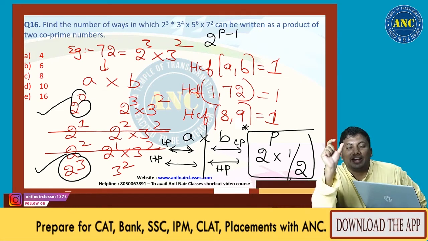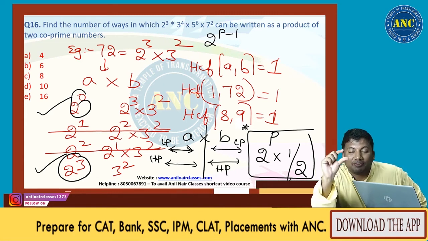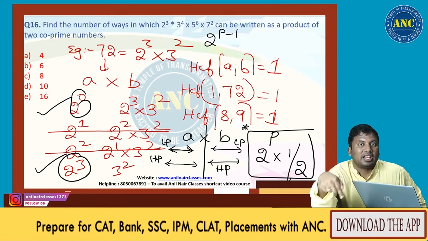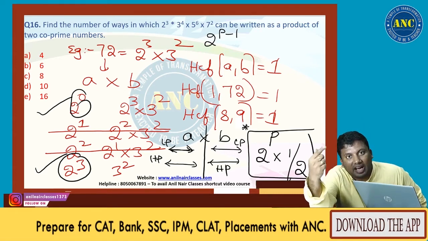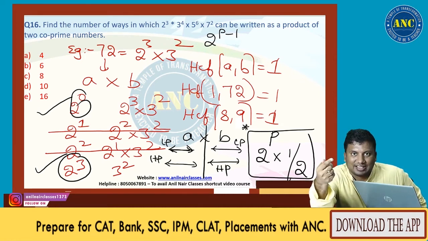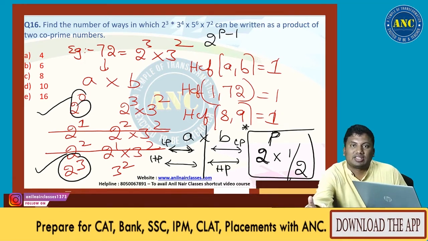If I take the number as a product of two co-primes, the first variable can take either the lowest power or the highest power. The next can also take either the lowest or the highest. Each prime is taking two cases, lowest or highest.